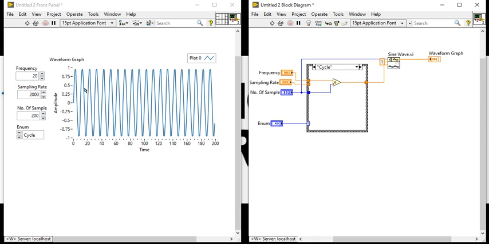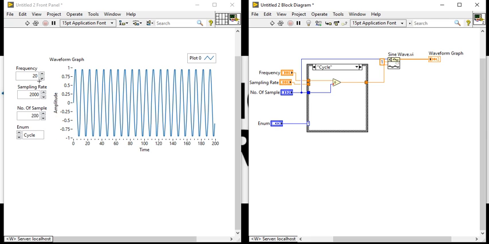That's why it's plotting these 200 data points with 0.01.